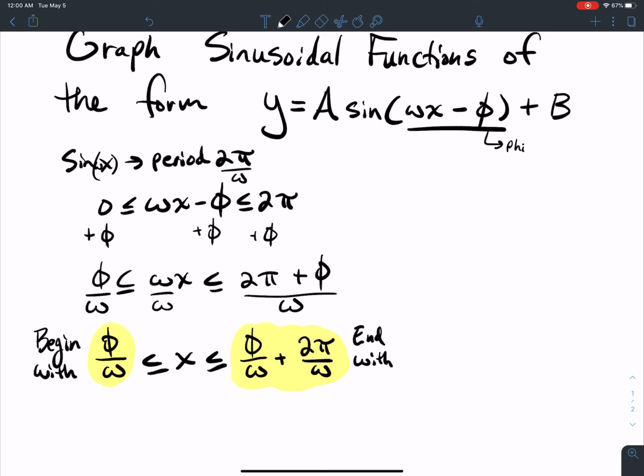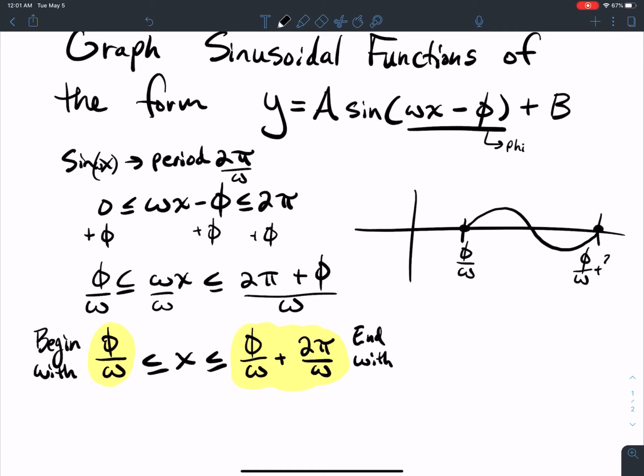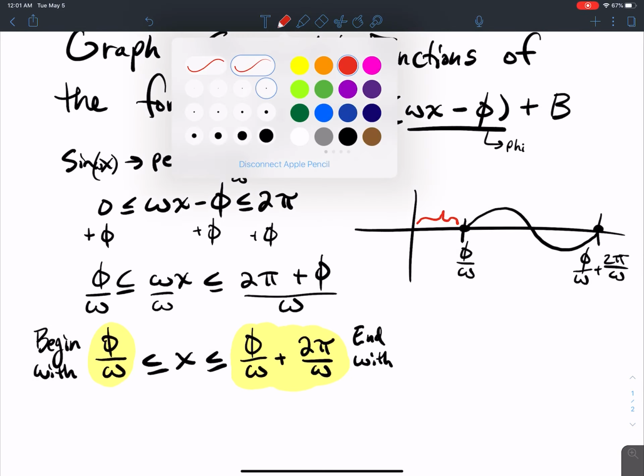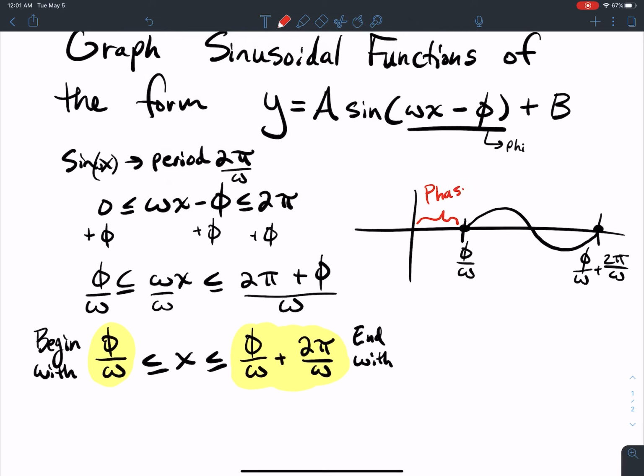All right, if you look at this on a graph, maybe we're starting at phi over omega, and so we're going through a full cycle, one period, and this is phi over omega plus 2 pi over omega, right? The phase shift is this distance here that we're shifting the graph.